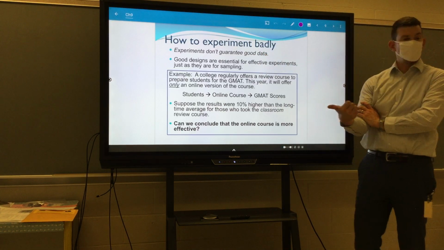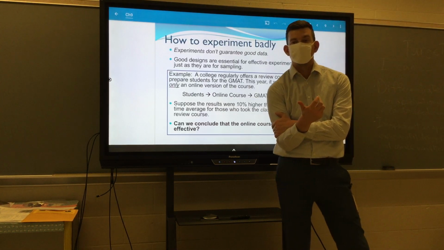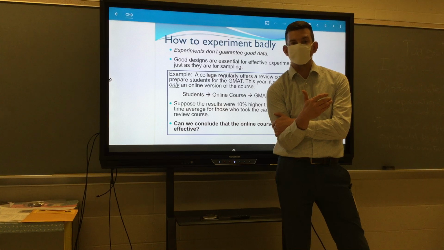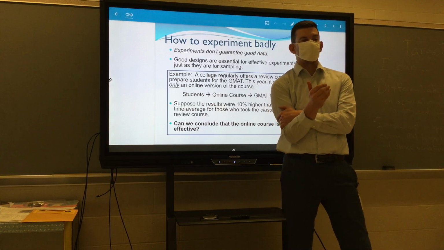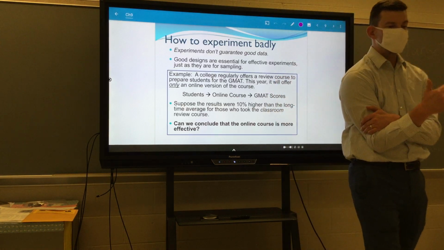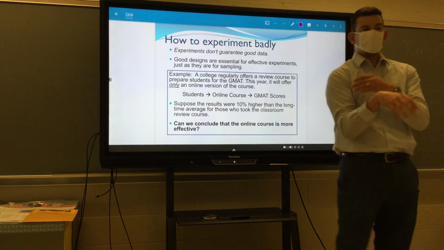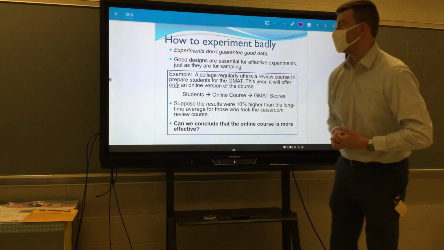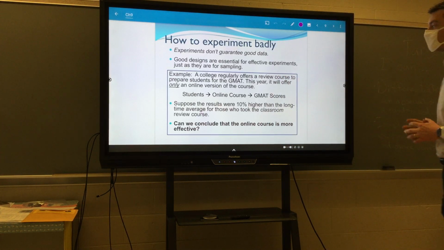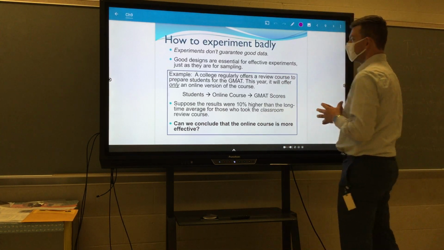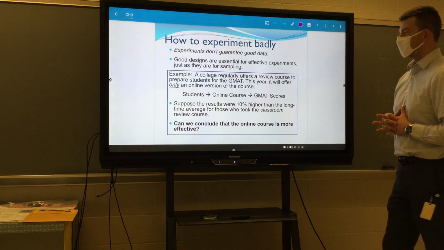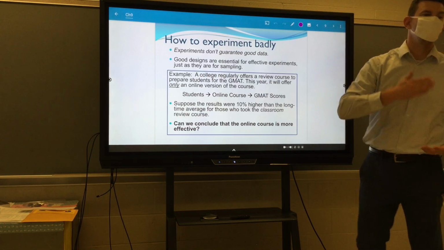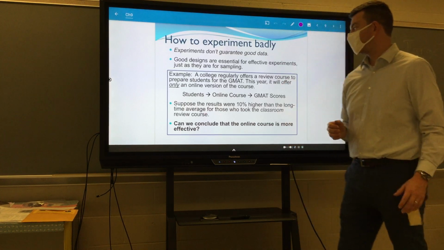We saw that a little bit with our farm example. If we accurately follow those sampling methods, we're doing our best effort to try to ensure that we get good data and make reasonable conclusions. There's no guarantee of that. Good designs are essential for effective experiments, just as they are for sampling. You need to be on top of it every step of the way.